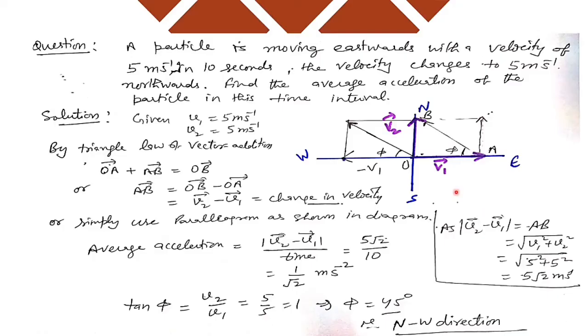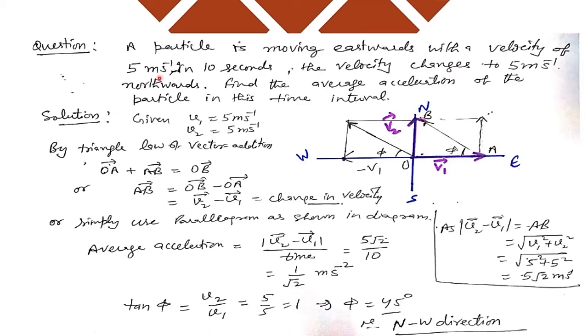This is a very simple question, just to apply this subtraction of vectors. What type of questions can you get? I'm just giving you one example. I'm reading it out for you. A particle is moving eastwards with a velocity of 5 meter per second. I have marked the directions north, south, east and west.